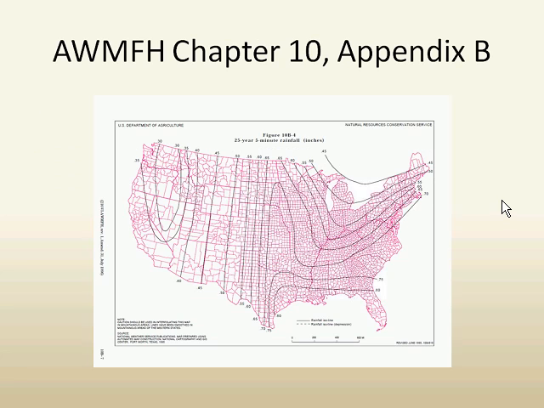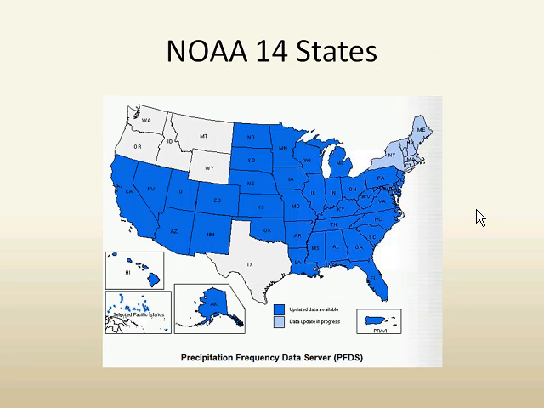So where does this data come from? Chapter 10, Appendix B, has maps in it for the 25-year, 5-minute rainfall in inches. It also has a map for the 10-year, 5-minute rainfall. Now, I do need to mention that the data provided in Chapter 10 is pre-NOAA 14 update.